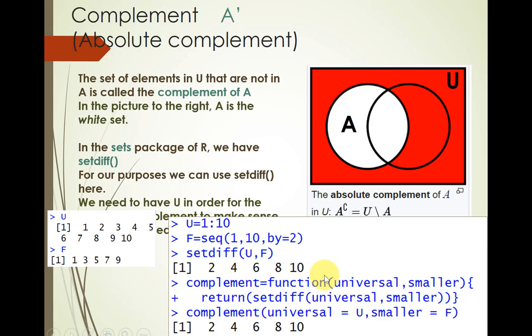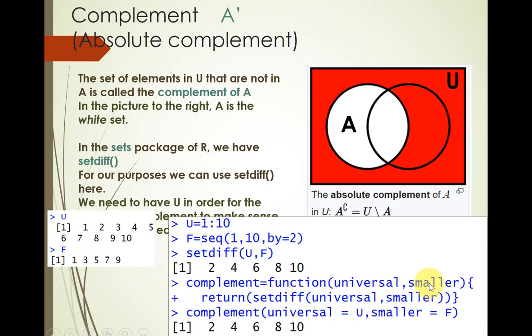Since we want to call it the complement, we can just rewrite it as complement. Call it complement equals function universal and the smaller set. I just gave them that name. Universal seems obviously appropriate, and smaller, I just called it smaller.